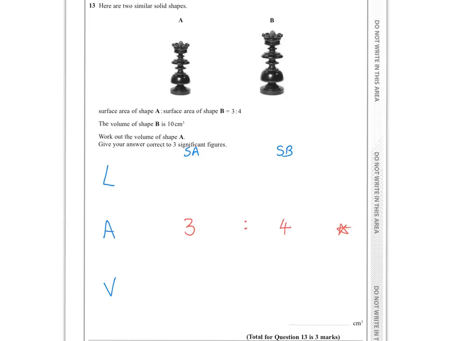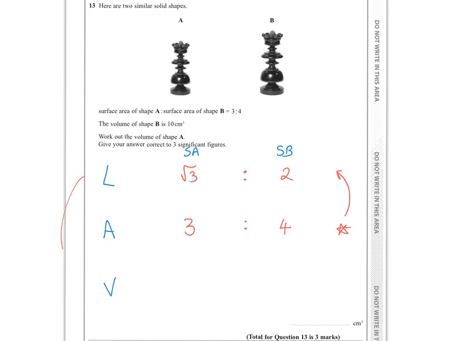So how do we move from an area to a length? Well, we have to square root, don't we? Because if we want to find area, we multiply lengths by lengths, i.e. squaring them. So to get from an area to a length, we have to square root. So we're going to have root 3 to 2, because the square root of 3 is root 3 and the square root of 4 is 2.